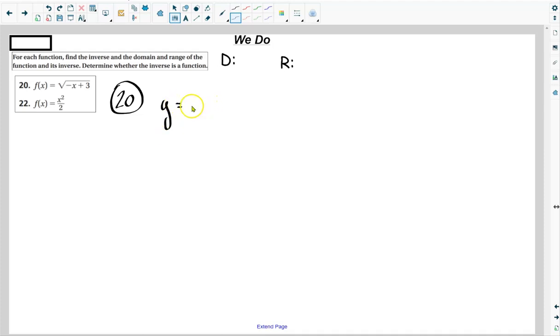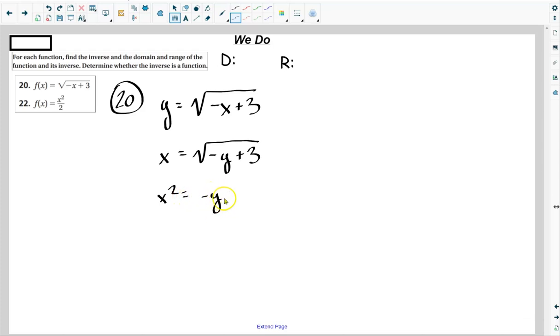So we have this. All you guys are experts, right? Y equals. We switch x and y, and we solve. How do you get rid of a square root? You square both sides. And how do we continue?